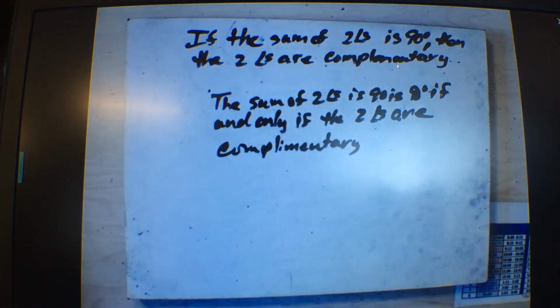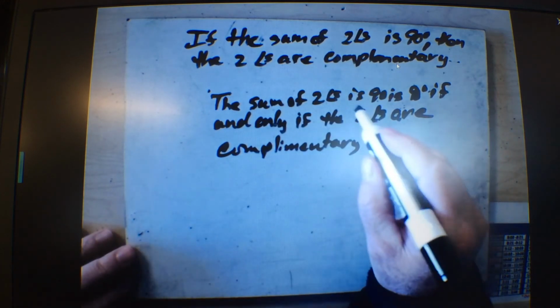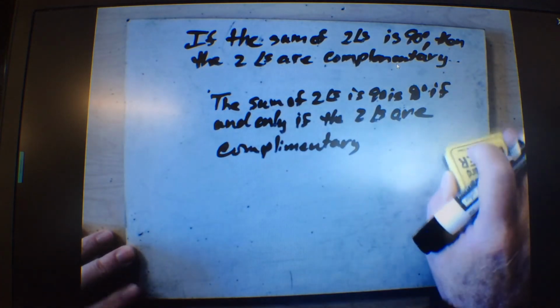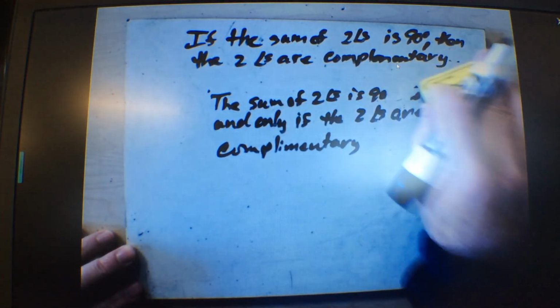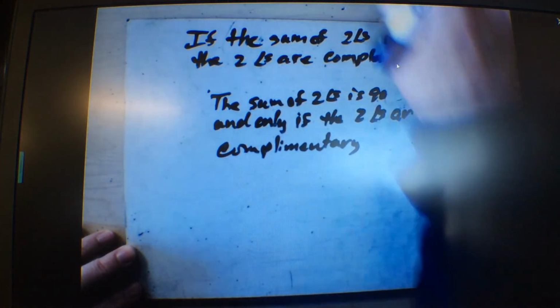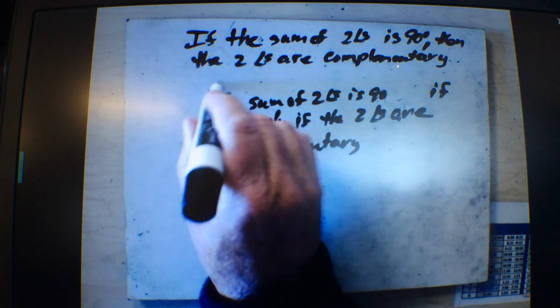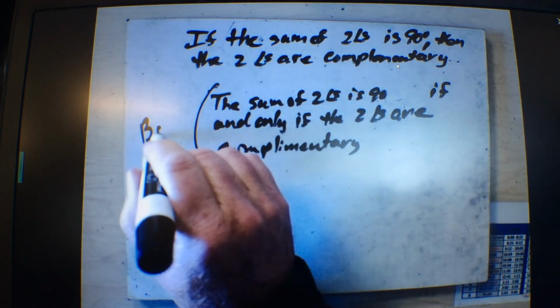The if and the then is in the middle. This is what we call a biconditional.